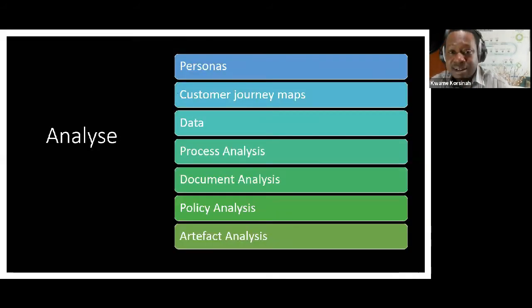So in our analysis stage, we've been looking at personas, we've looked at customer journeys, we've touched on data, and we've also talked about process analysis. But throughout the stages, you'll be gathering documents, and I'll talk about some of the documents that could enable you in applying your SWOT analysis. You also look at the existing policies and artifacts, which are existing documents within the business.